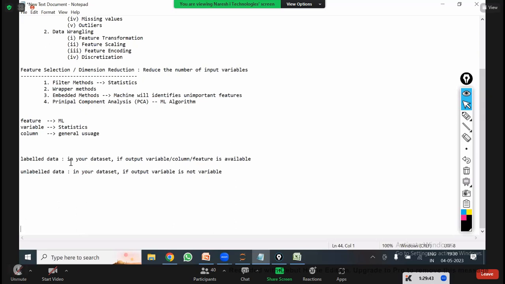So labeled data means in your data set, if the output variable is available, it is called labeled data. If output variable is not available, then it is called unlabeled data.